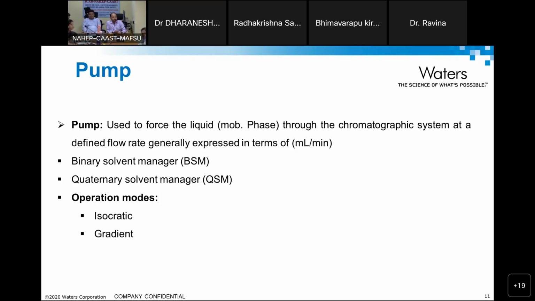Whereas in gradient elution, you can vary the composition of the solvents over a period of time. That is the difference between isocratic and gradient elution.